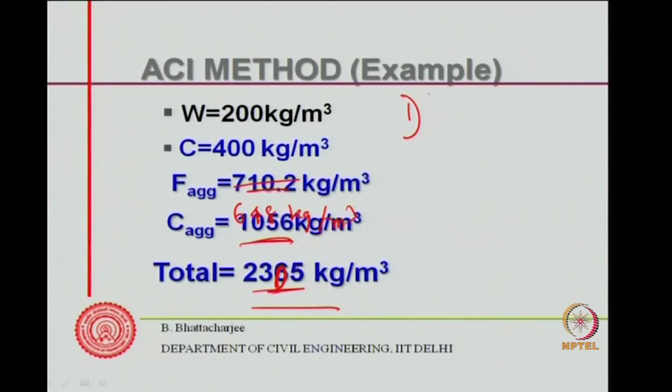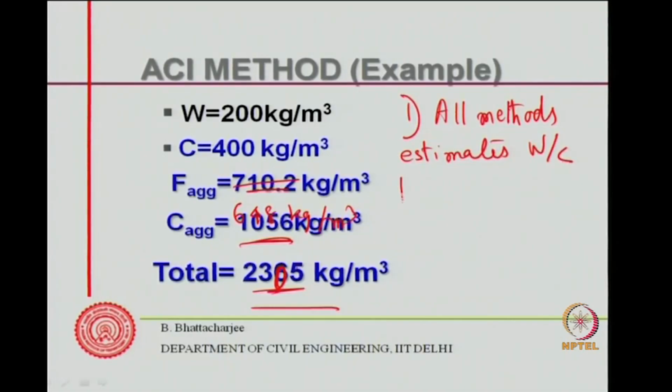So, if you now compare these three different methods, you can generalize one thing: all methods estimate water to cement ratio from strength, that we said on the first day.